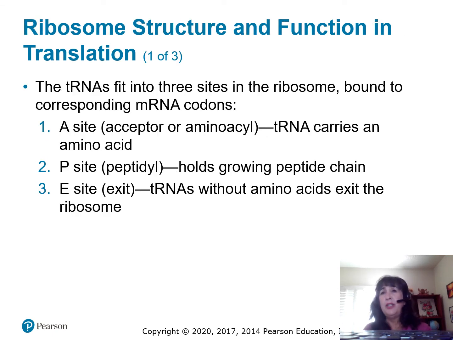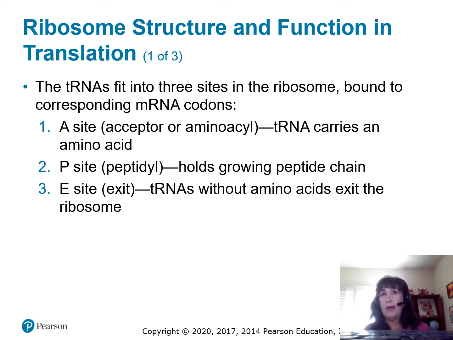And these positions are called APE: A, P, and E. The A site is to accept a transfer RNA. The P site is to form a peptide bond, a peptide linkage between one amino acid and another. And the third position is to exit.